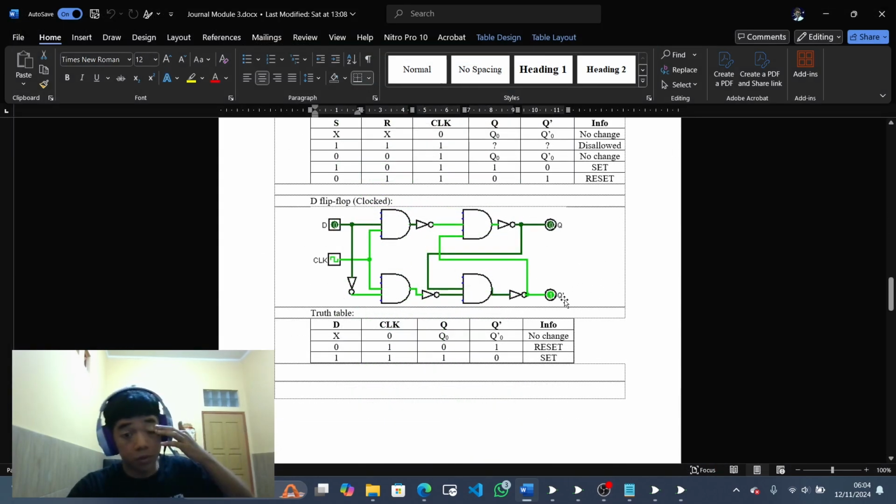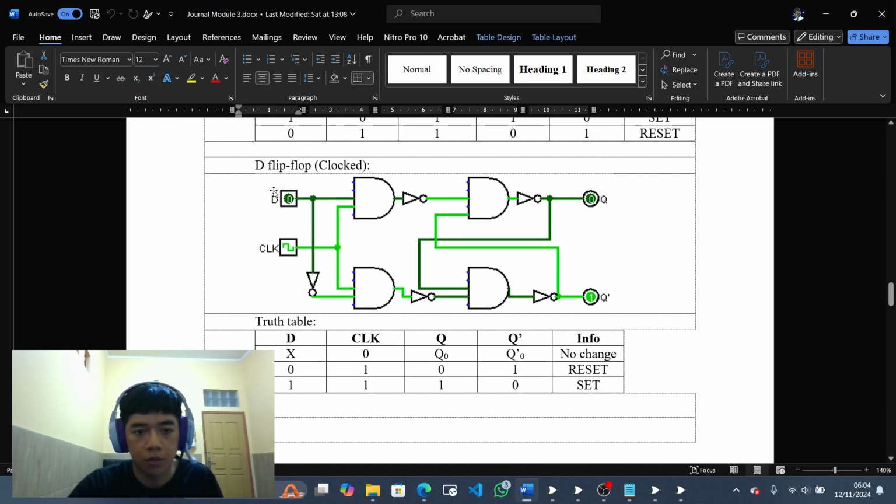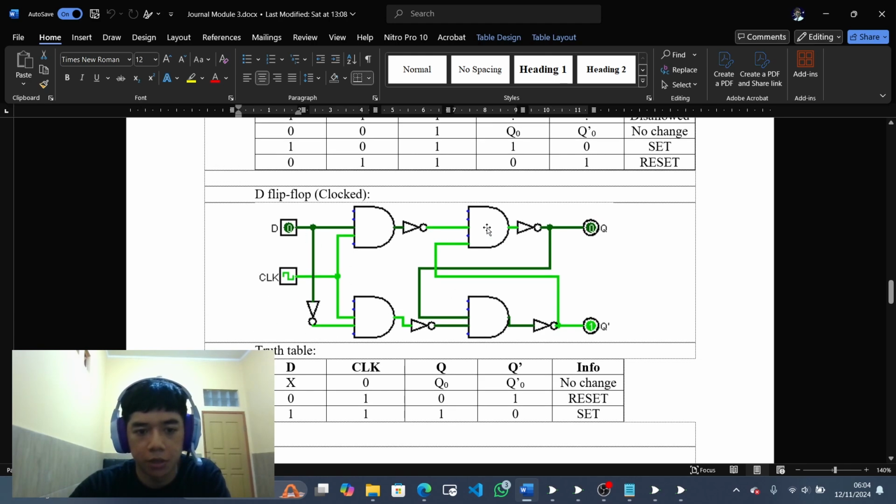Moving on to D flip-flops. A D flip-flop is simply an SR flip-flop, but the inputs are fused into one wire, and the bottom wire, or the reset state, is negated, or inverted in its value.